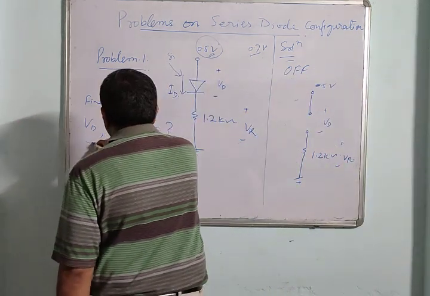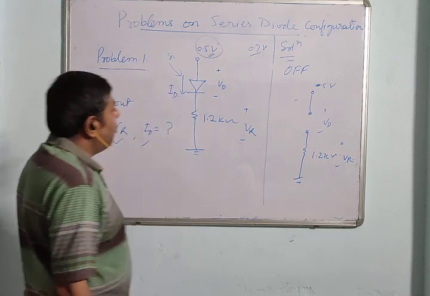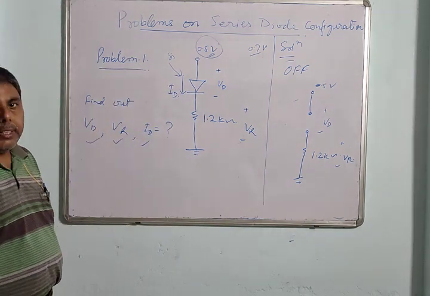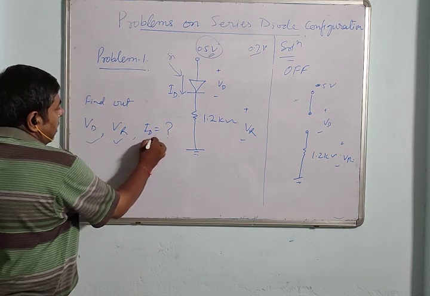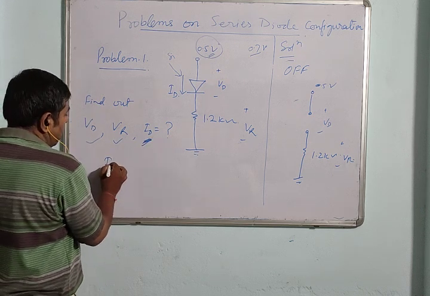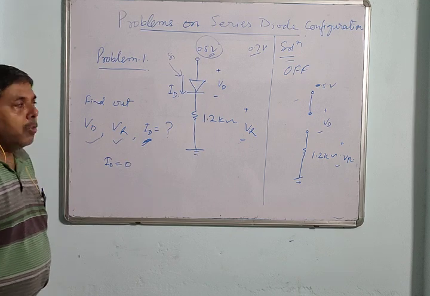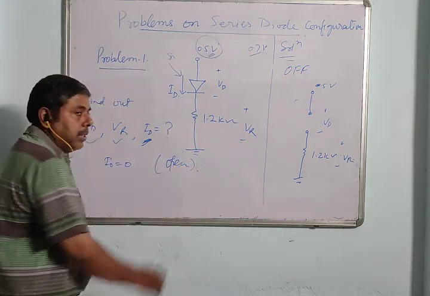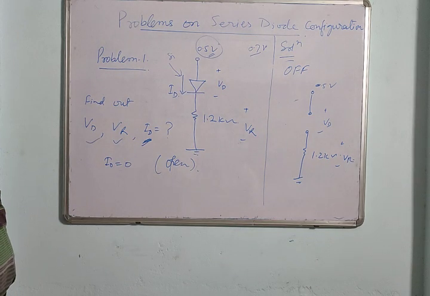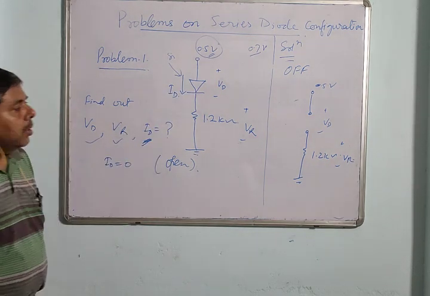Then what are these three values? You can easily calculate them for this given configuration. First, you can see this current is 0, because open state is there. So diode current is 0.